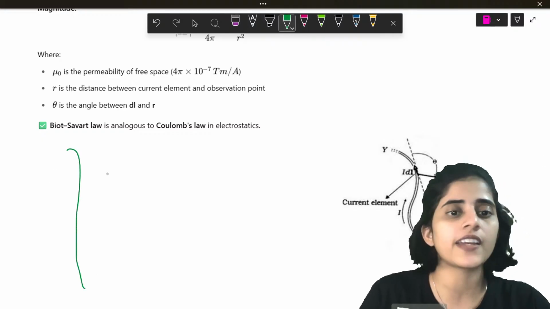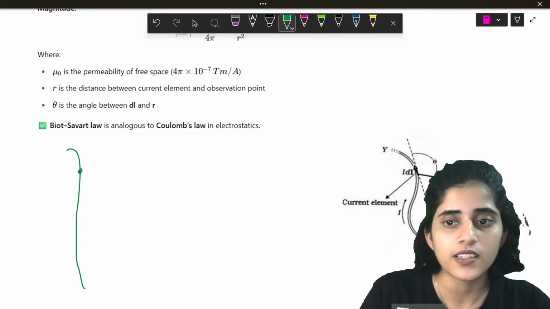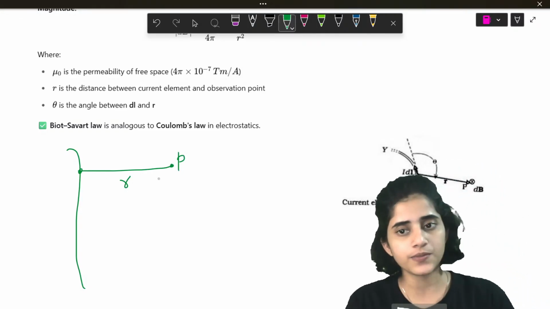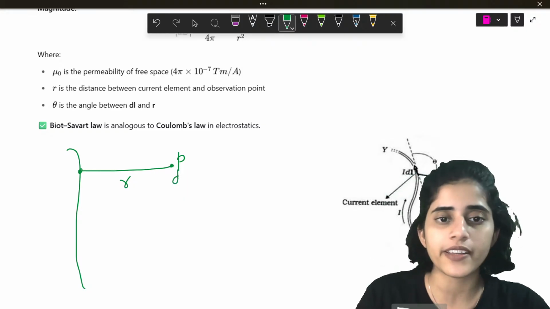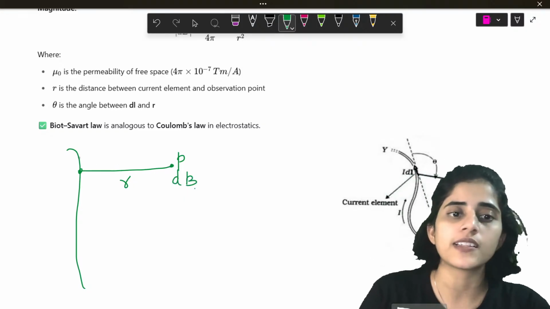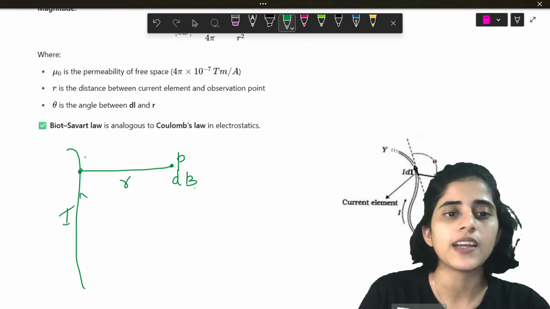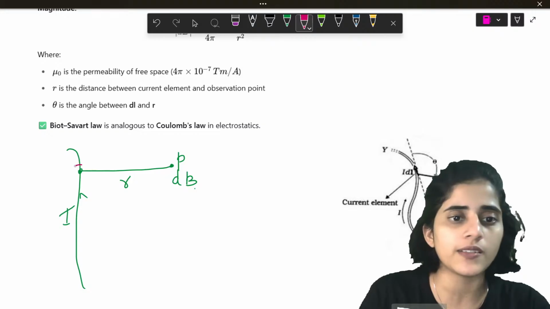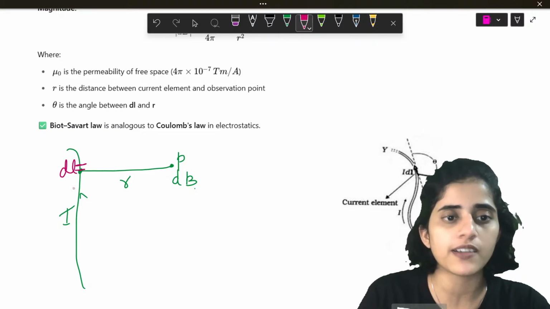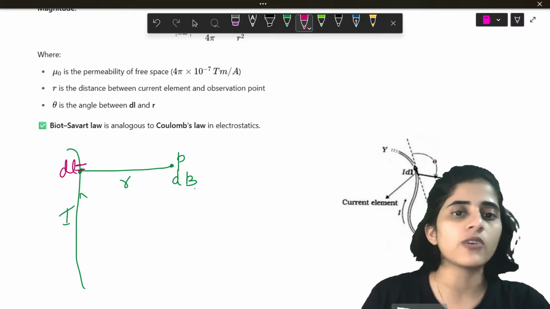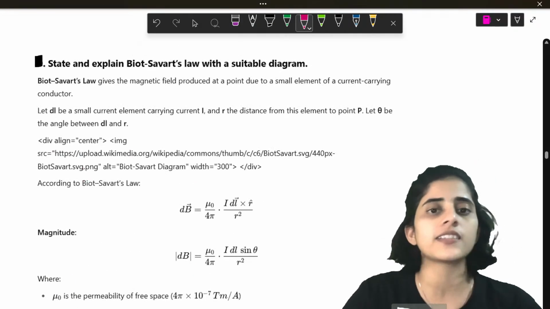Let's say you have a current carrying wire and you take a point P at a distance r from the wire, and there is a magnetic field dB. There is current I passing through the wire. I take a small element dl on the wire, and then Biot-Savart's law. That's all, that's the diagram.